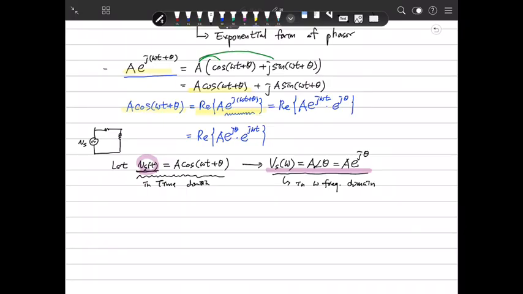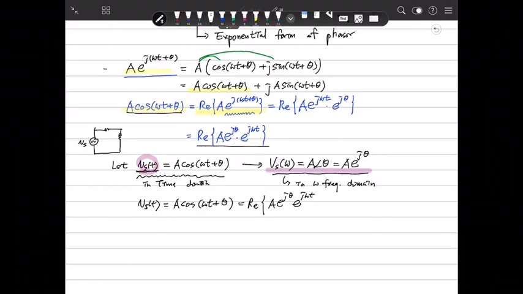So I want to express Vs(t) in the time domain using this phasor domain. How can we do that? Vs(t) is A cosine omega t plus theta, which is the same as the real component of A exponential j theta exponential j omega t.